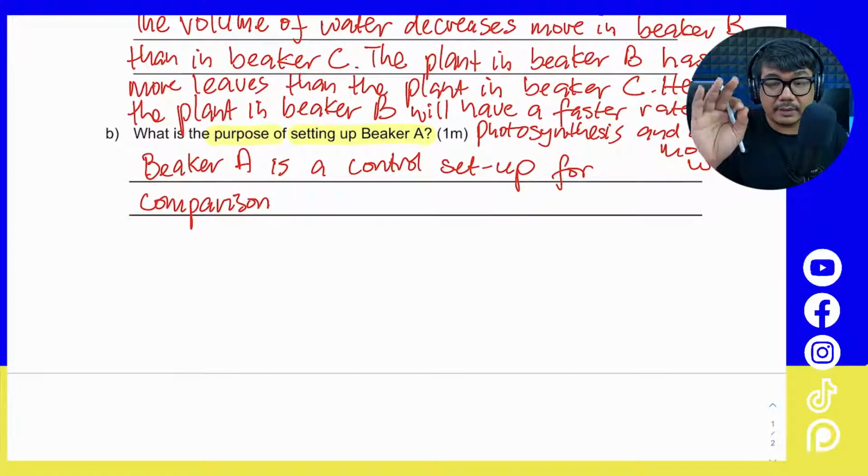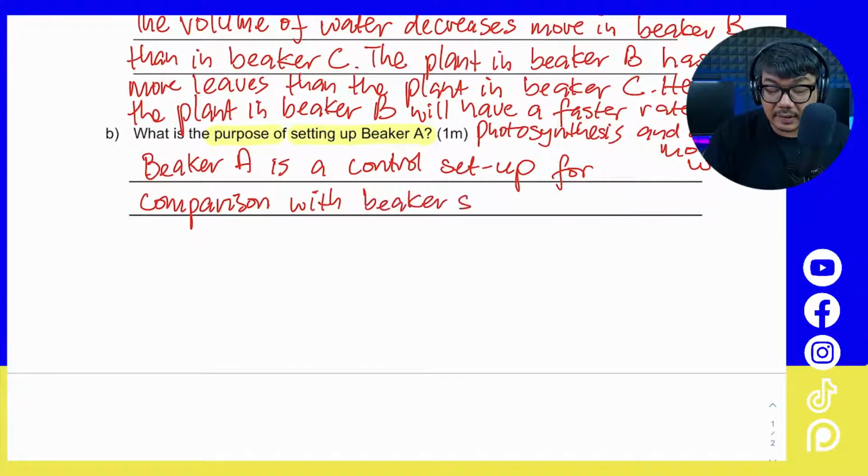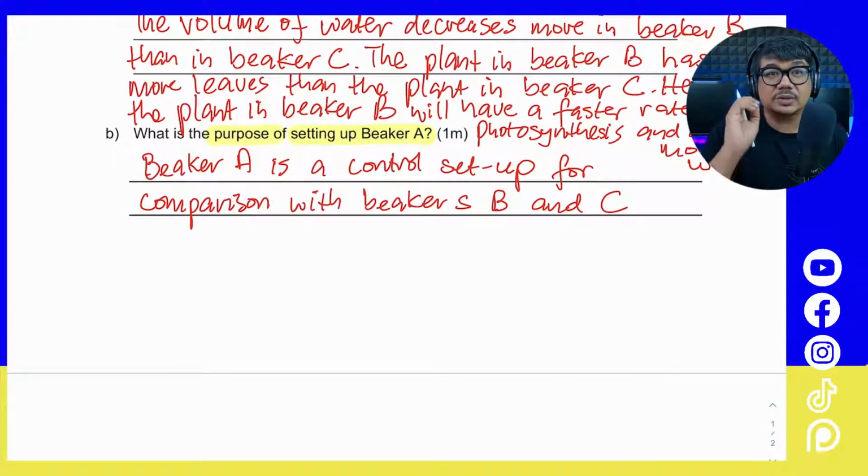Okay, the purpose is for comparison, but comparison with what? With beakers B and C. Okay, now some students, they will stop here. You will not get your full mark if you stop here. What you need to do is to write down the purpose of this comparison. Okay, so let's write it down.